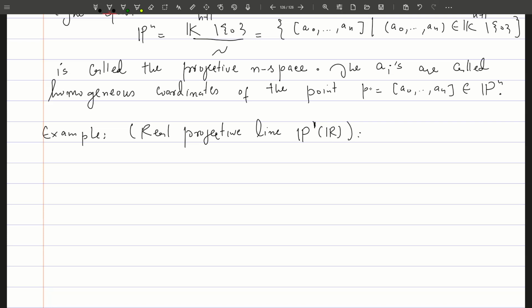So what do we do? As mentioned above, we make the set P^1_R that consists of the collection of lines in R^2 through the origin.